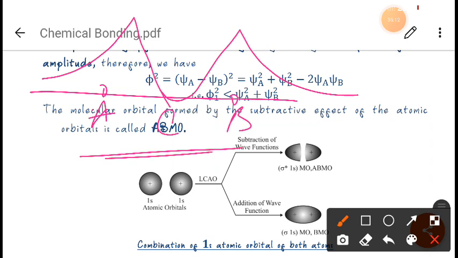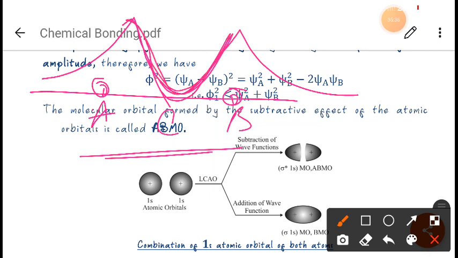The point A and B represent two nuclei. Here these 2 points represent the nuclei. And from this figure, it will become clear that the antibonding orbital decreases the electron density between the nuclei. As you can see, decreases the electron density between the two nuclei.